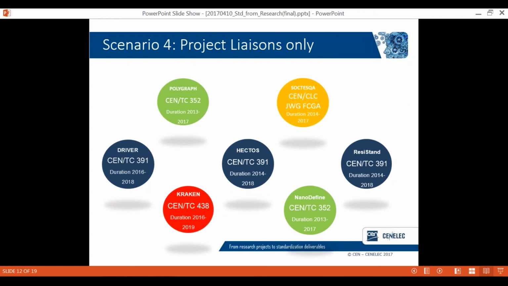So you do not need to be an association or an organization, and also a research project is eligible to do so. And here you see some examples. Some are FP7 examples, for instance Polygraph, for instance DRIVER and HECTO, and some are Horizon 2020 examples already, for instance RESISTANT or KRAKEN.